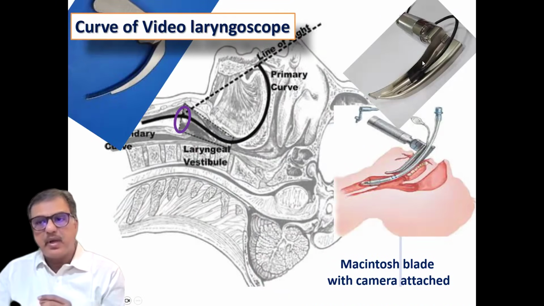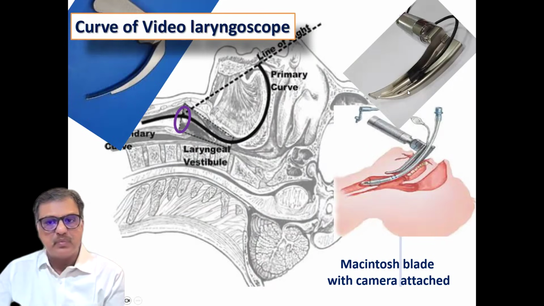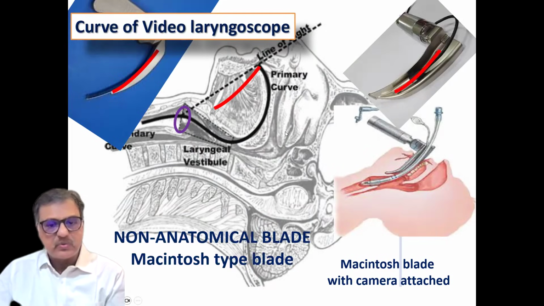But when you are using the Macintosh type of videolaryngoscope, it's not matched with the primary curve of the oropharynx. So that's why it's called the non-anatomically curved blade, or we can call it a Macintosh type of blade.